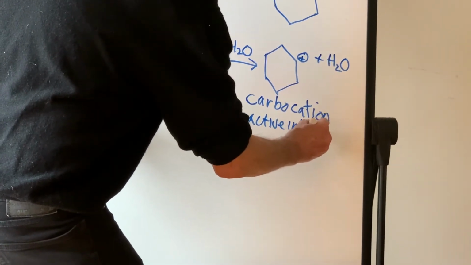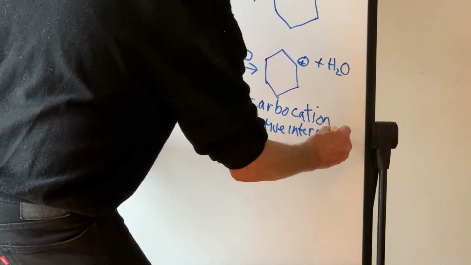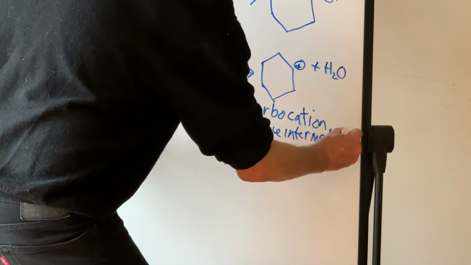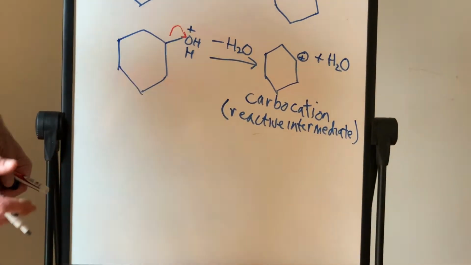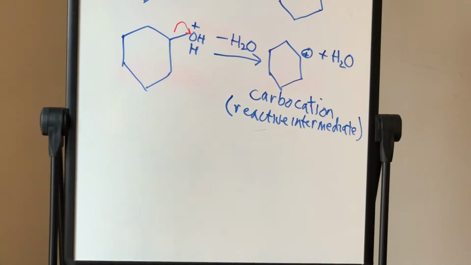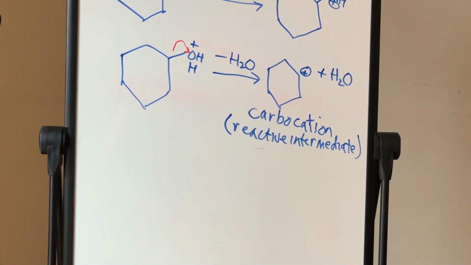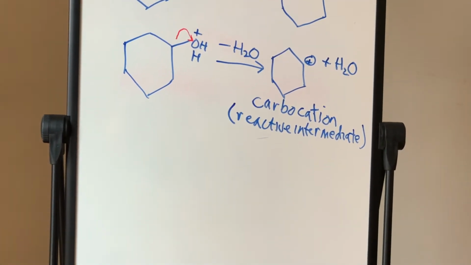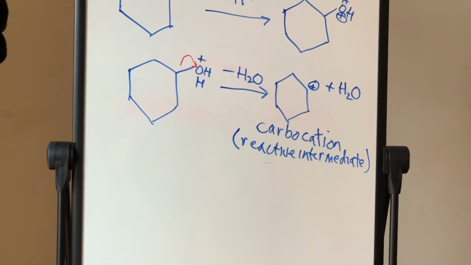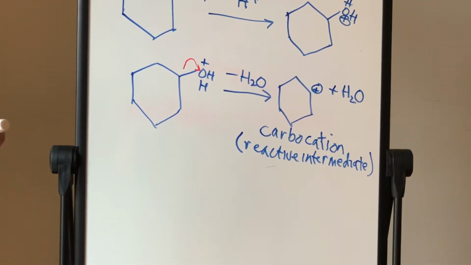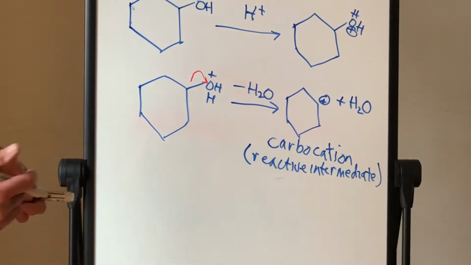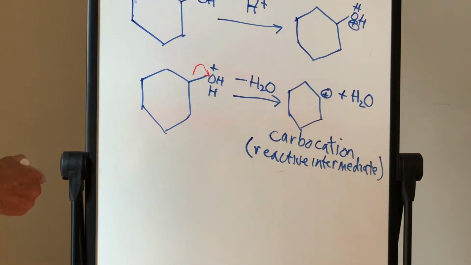It's also an important and useful notion that there are certain chemical species which don't last very long. They are intermediates and they're very unstable and they're going to do something quickly. That's an example of one.